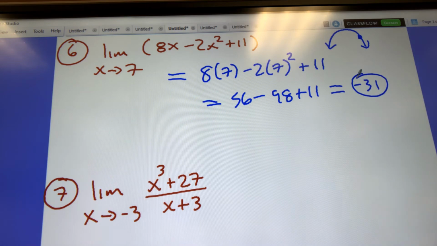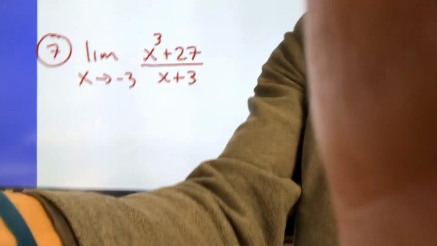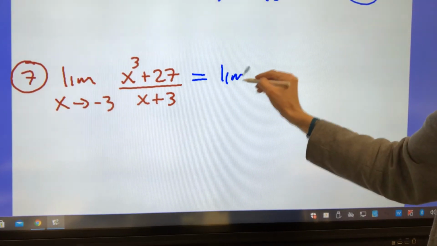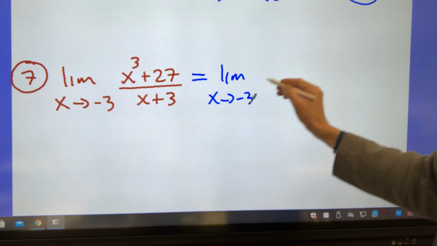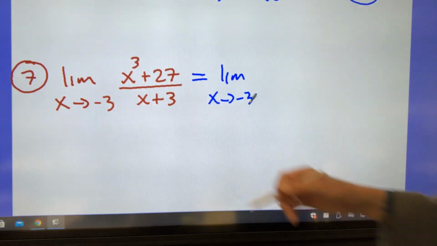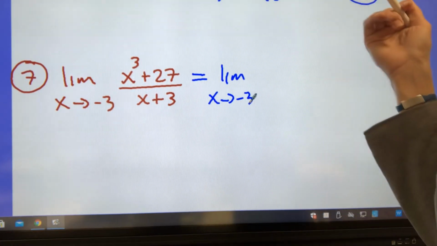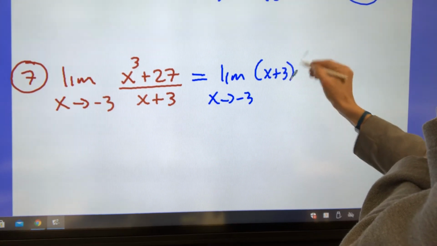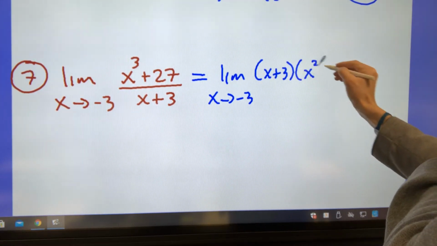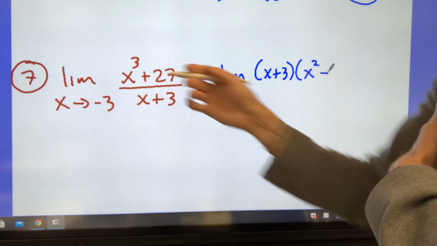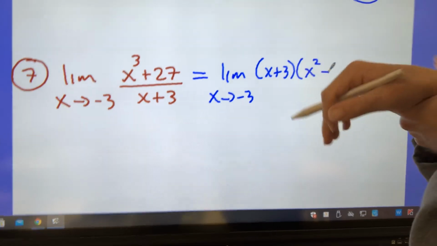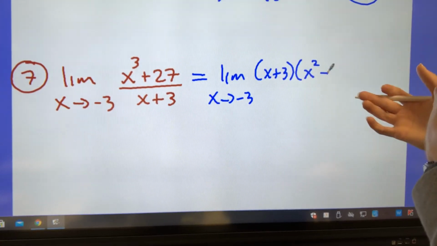All right, so then on 7, taking us back to Algebra 2 at Chapter 6. The limit as x goes to -3 of, this is a sum of perfect cubes. So it's x plus 3 times that first term squared. Minus, because again, x squared and x's aren't present. You got to have something cancel. So we need the negative to cancel the x squareds and the x's.